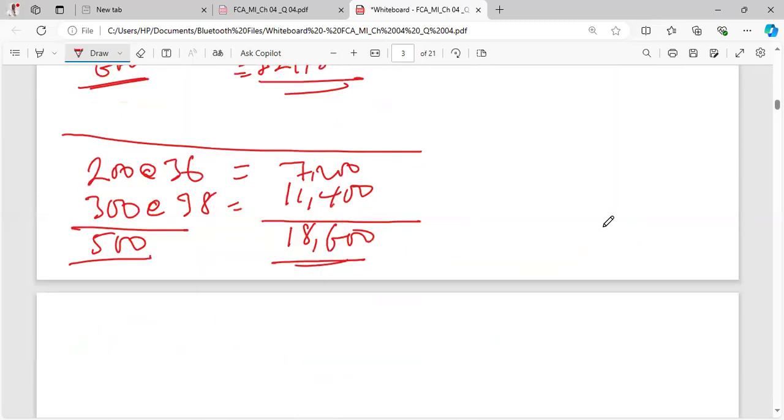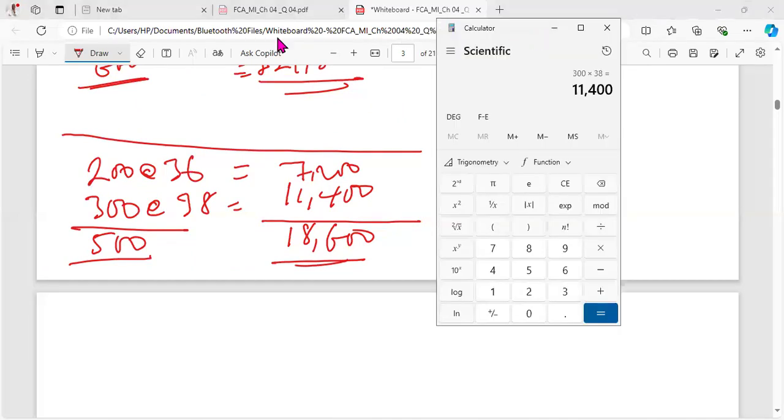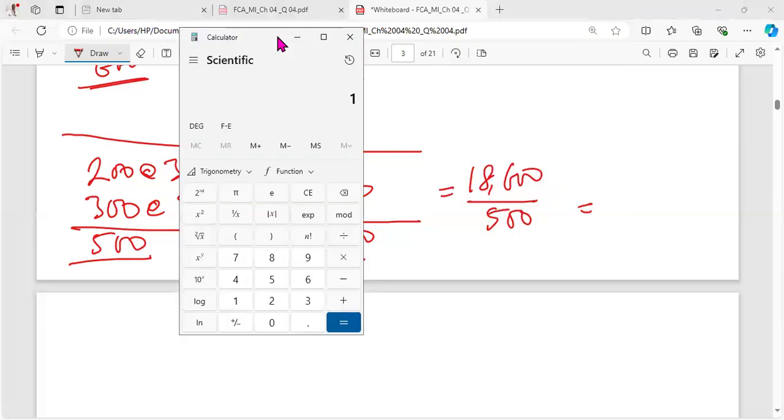And it's as good as saying 18,600 divided by 500. How much would that be? 18,600 divided by 500, 37.2.